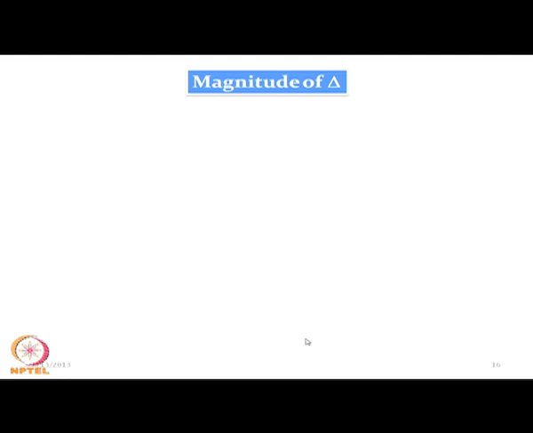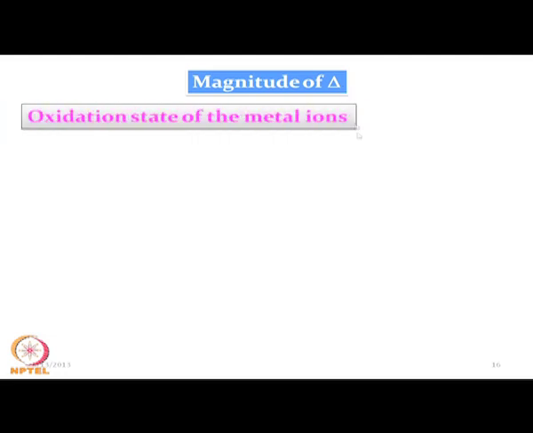Then we see how the pairing energy is changing. Now we see the magnitude of delta, whether it is delta O for octahedral geometry or delta T for tetrahedral geometry. It depends on the variation in the oxidation state of the metal ions.